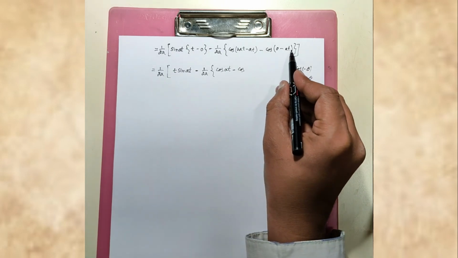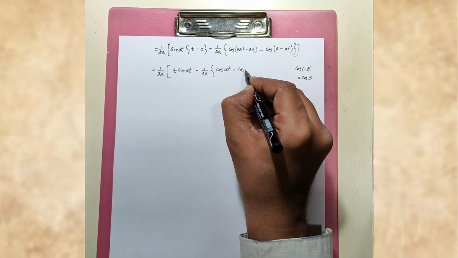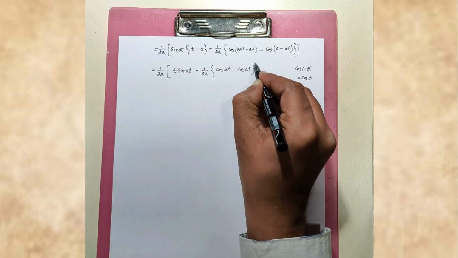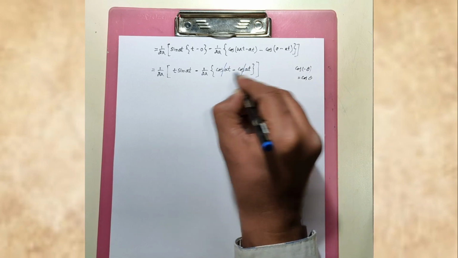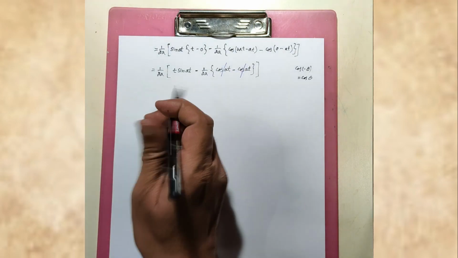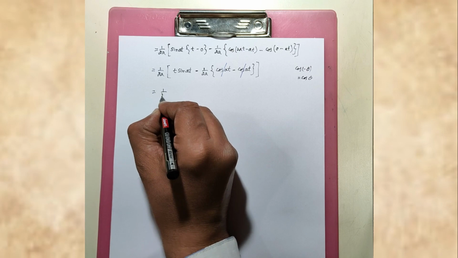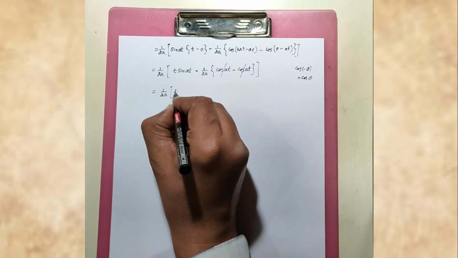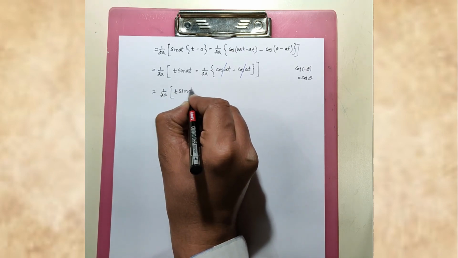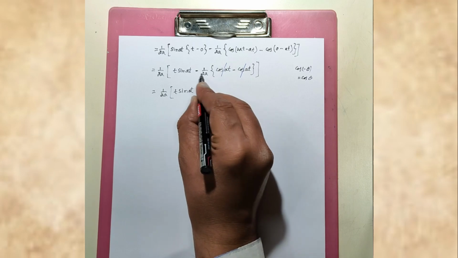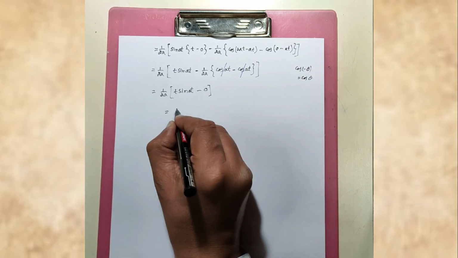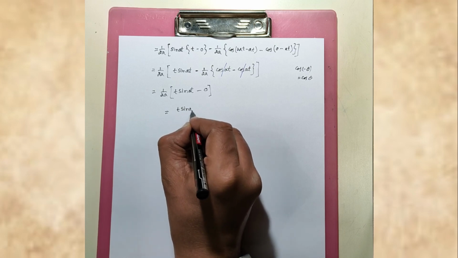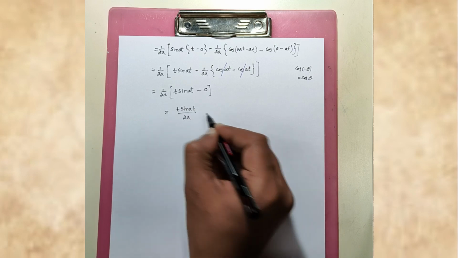So here cos of minus at will be cos at itself. So what happens over here is plus cos at and minus cos at will cancel out. So you are left with 1 by 2a times t sin at. Both have cancelled out and you are just getting 0 here. Therefore you have the value equal to t sin at divided by 2a.